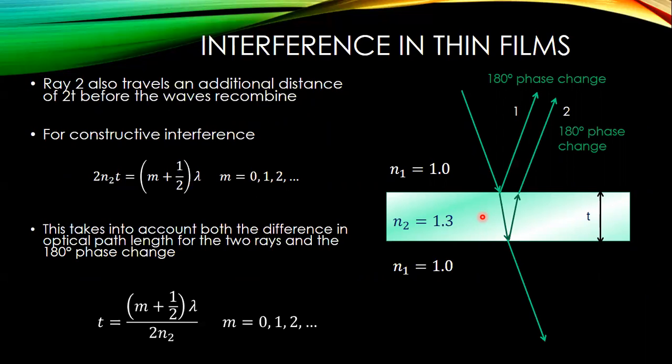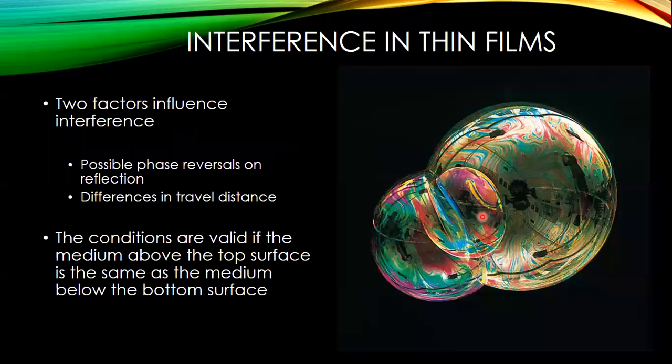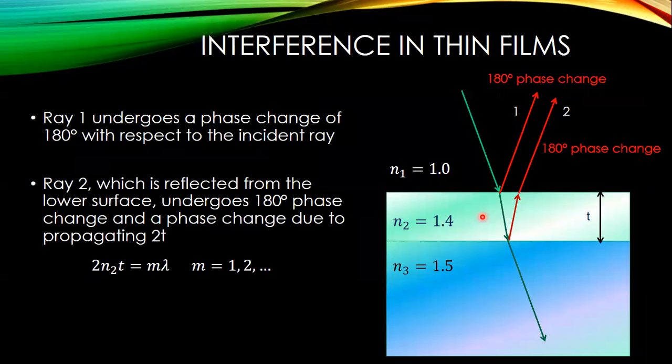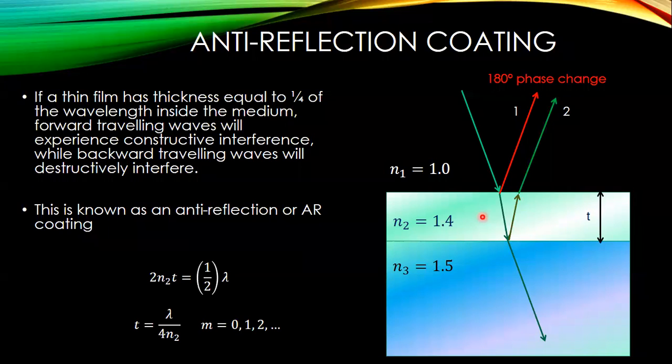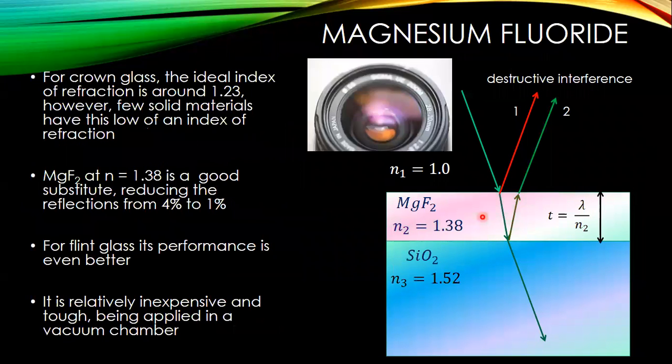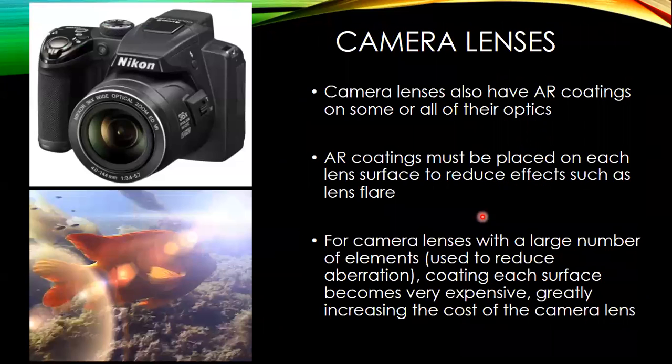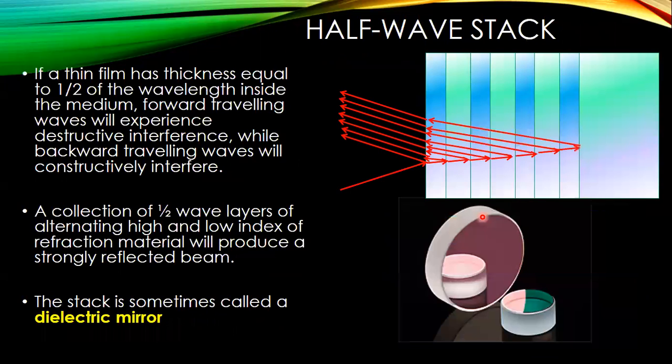For a coating on top of glass, as is the case for anti-reflection coatings, destructive interference happens at a quarter wavelength, and the constructive interference is going to happen at 1/2 of a wavelength. So it's different for a single layer compared to a layer on top of a high-index material like glass.